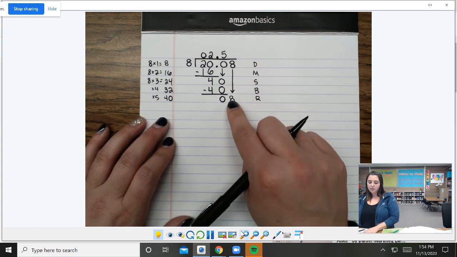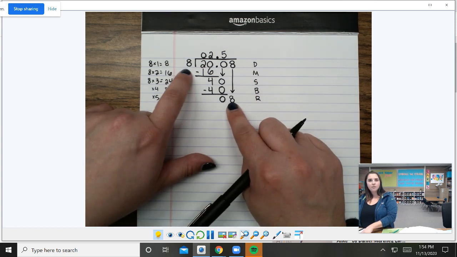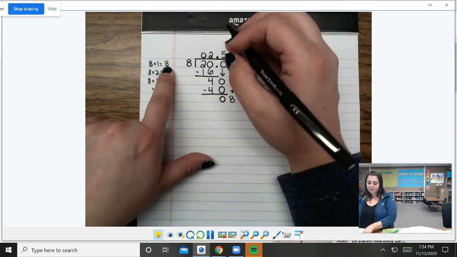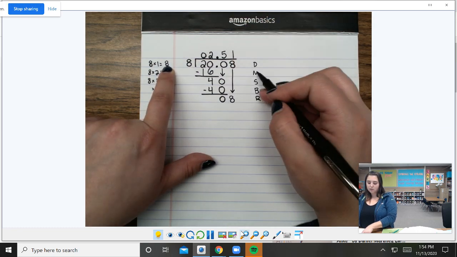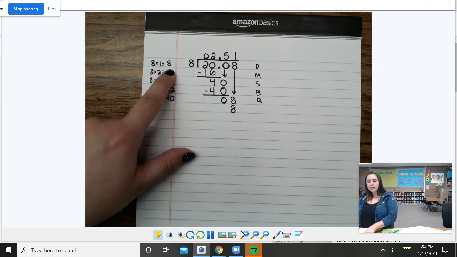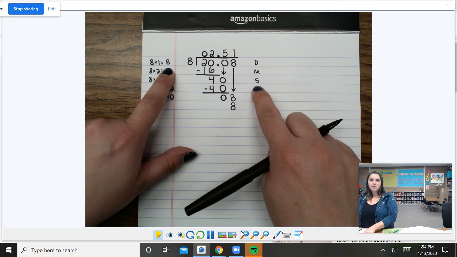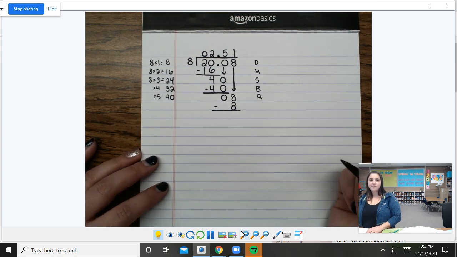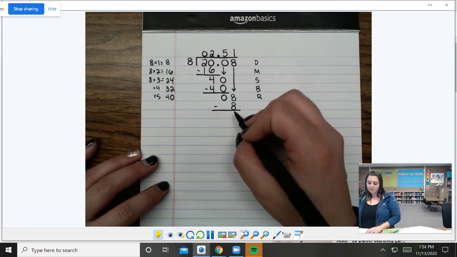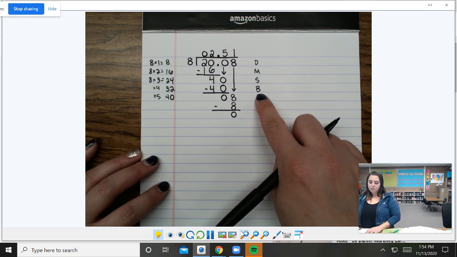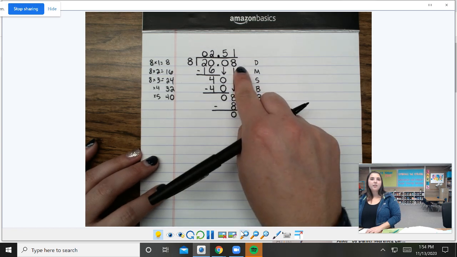Divide again. 8 divided by 8, or how many times can 8 go into 8? 1 time. Multiply. 1 times 8 is 8. Subtract. That would be 0. And bring down. Nothing left to bring down.